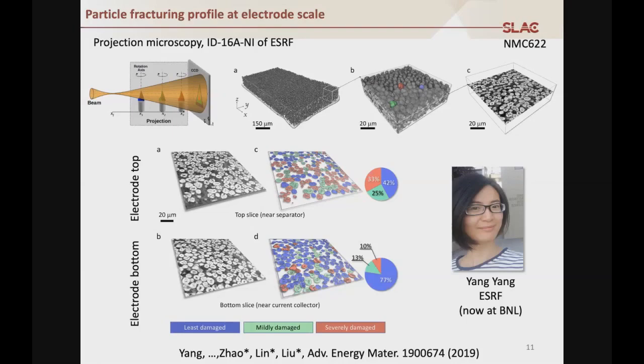The slice near the top shows a lot of red particles, which is labeled as the severely damaged particles. And the slice near the bottom is relatively intact. So that observation of the difference between the degree of damage at the top and at the bottom of the cathode material actually suggests that there's a very severe polarization effect in this battery electrode.